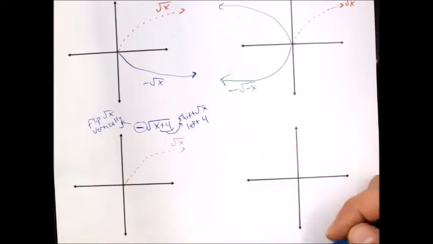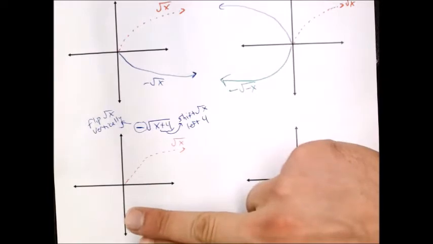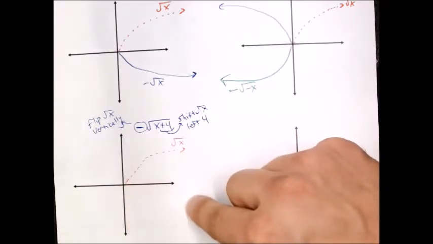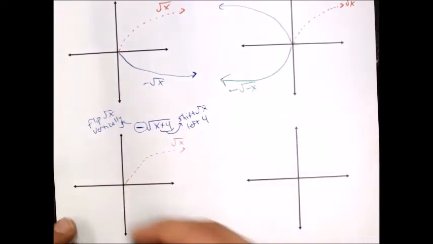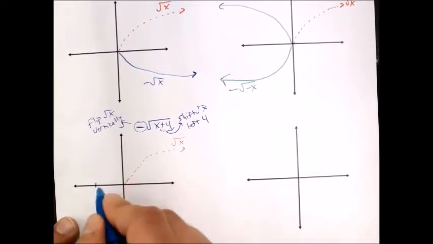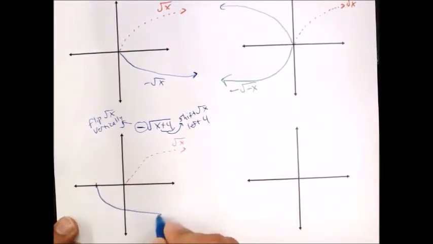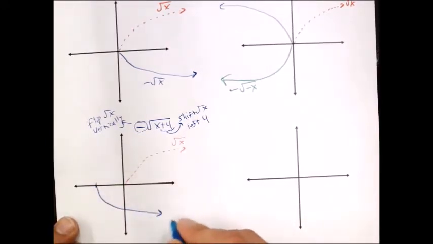Is that okay? So it's going to be an upside down version of that. Think with me what it's going to look like. You flip it upside down, so now it's down here, but then we move it to the left as well, so it's going to be over here going down like that. So that's what minus square root of x plus 4 might look like.